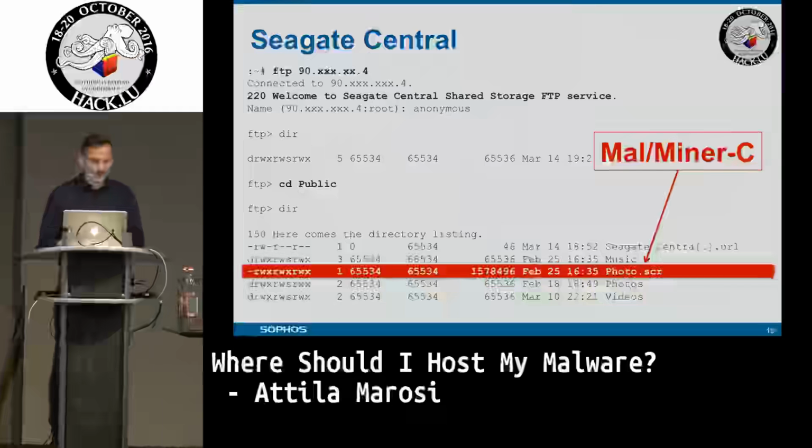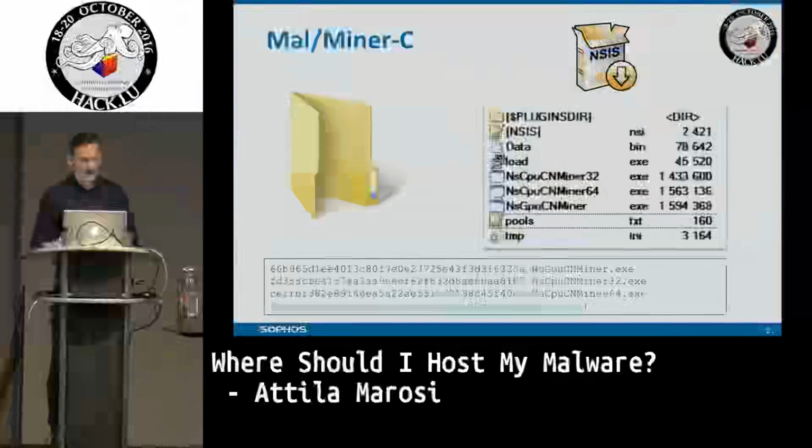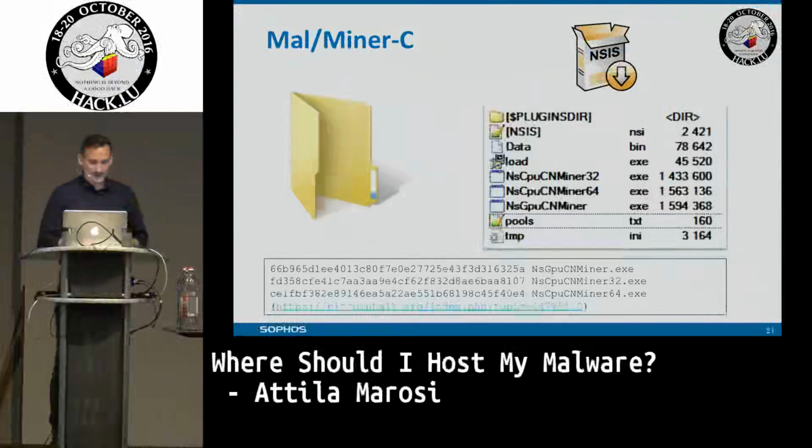If you log into one of the Seagate Centrals, or even an IP address which is already infected or hosts malware, you may see something like this. As you can see, there is a photos folder, and there is a photo.scr, which is the malware. If you map that device, map that folder, you may get confused with the names, and as you will see, the icon could also confuse you.